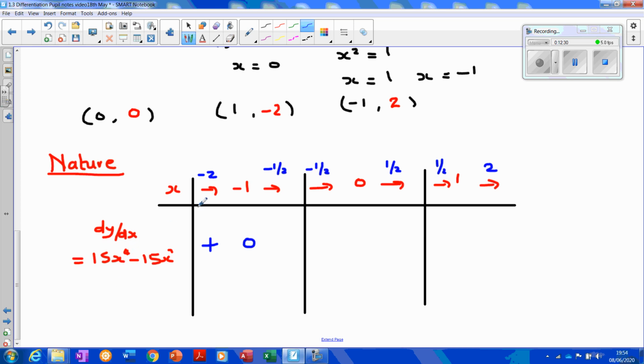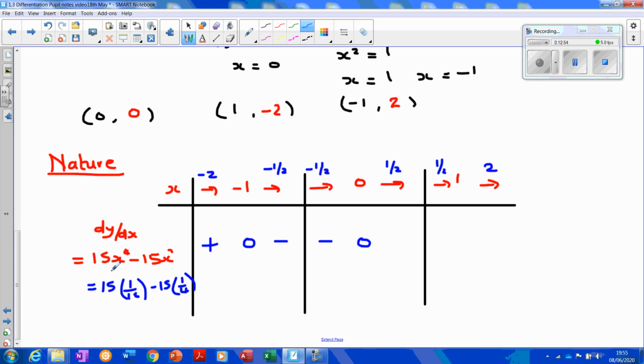Right, so that's going to be 2 2s are 4, 4 2s are 8, 2 8s are 16. So that is going to be 15 times 1 over 16. And that's going to be minus 15 times minus a half squared, which is a quarter. So that there is smaller than that. So therefore it's going to be negative.